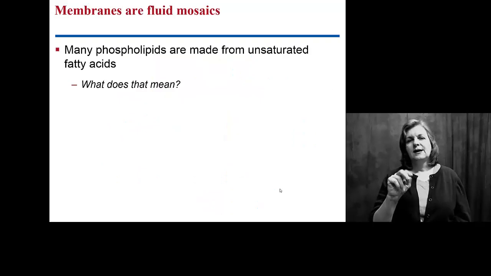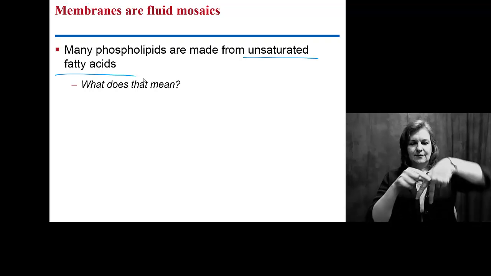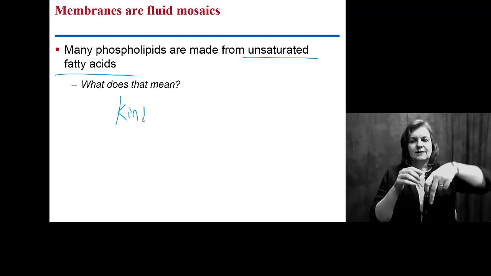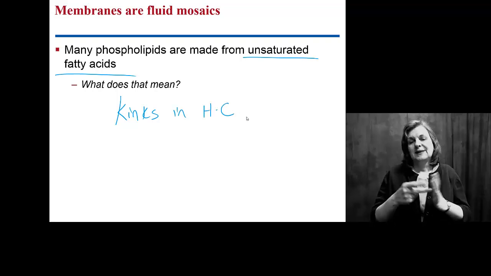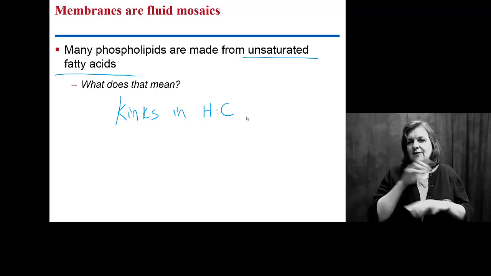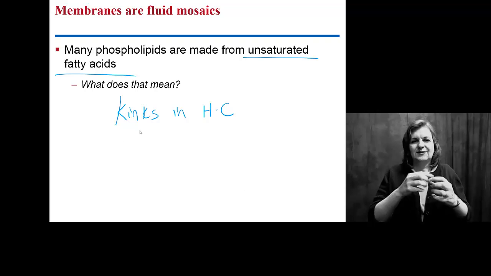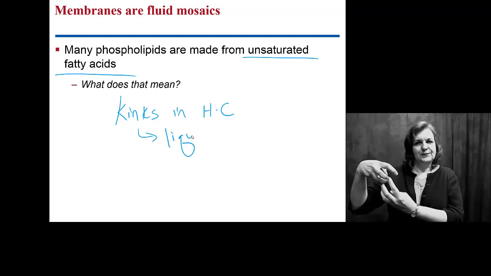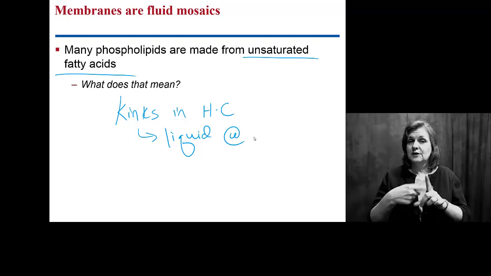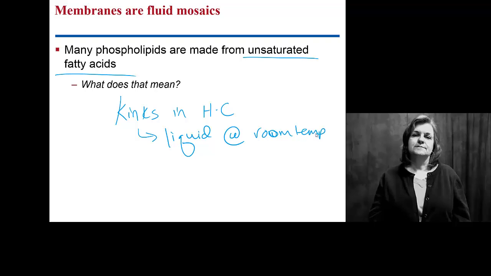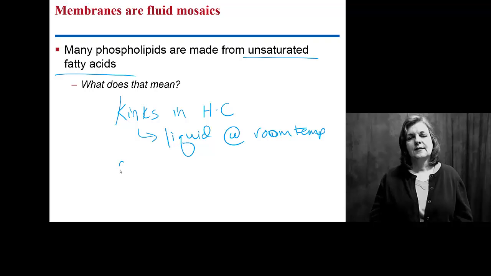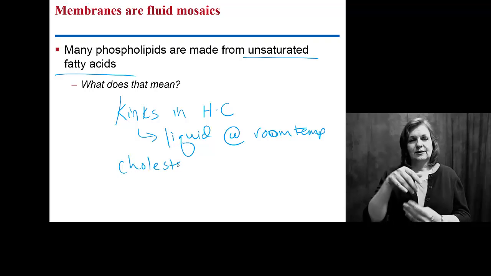We know that phospholipids are made from unsaturated fatty acids. When we talked about this before, that meant that there were kinks in the hydrocarbon chains of the fatty acid. And that means that they do not pack together and they stay liquid at room temp. And they're going to be dependent on interacting with cholesterol.